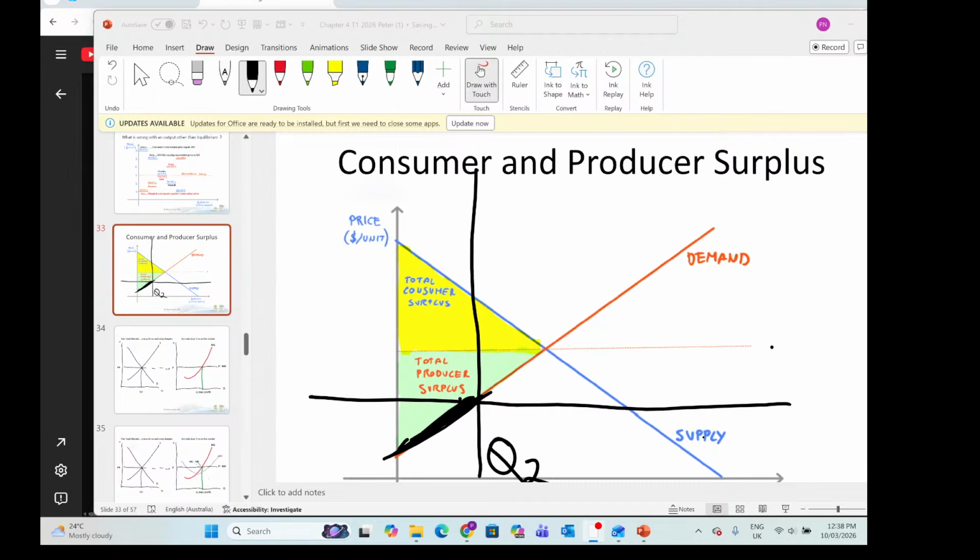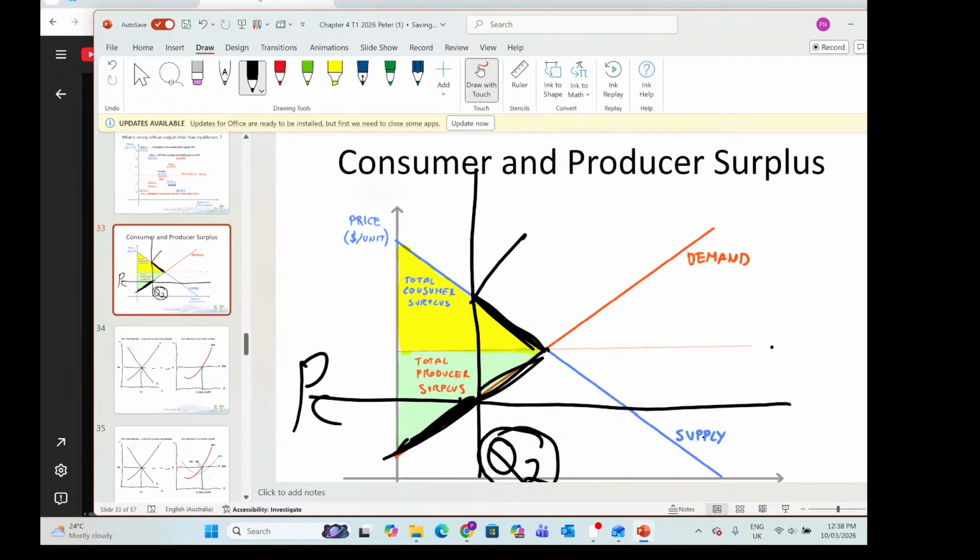If they nominate the price at PC, suppliers will only make Q2, and that means that demanders can only buy Q2, and therefore the demanders are missing out on these goods. The demanders are missing out on these goods here. So here is the marginal utility that each good offers. Here is the marginal cost.